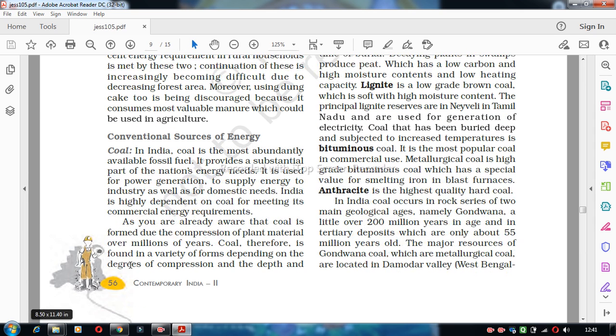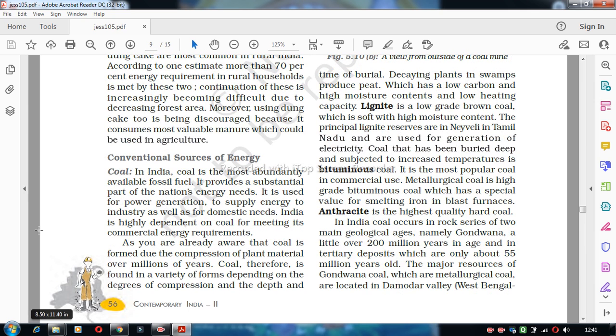So, here we are going to see about the 4 types of coal. Before that, you are already aware that coal is formed due to the compression of the plant material over millions of years.